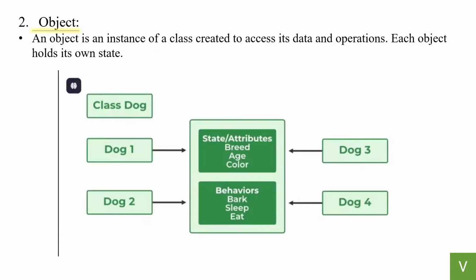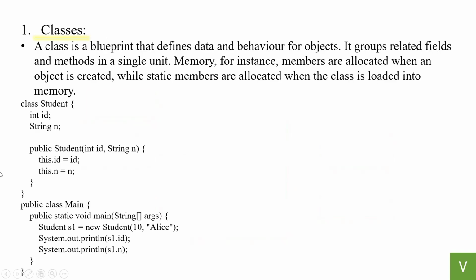Now let us look into objects. An object is an instance of a class created to access its data and operations. Each object holds its own state. Now let us understand in the previous example. As I said earlier, here s1 is the object. Based on the class, the objects can be created.